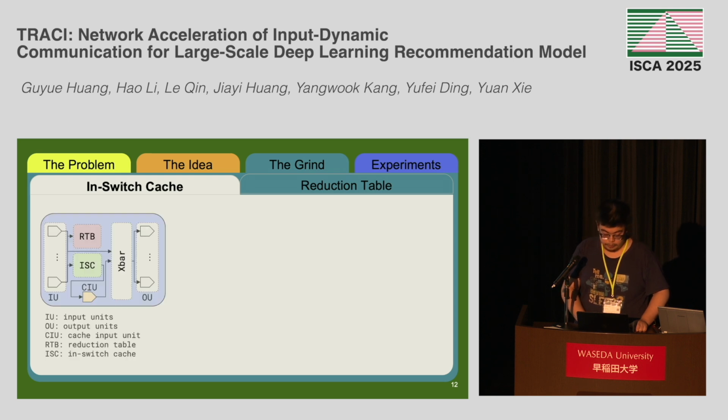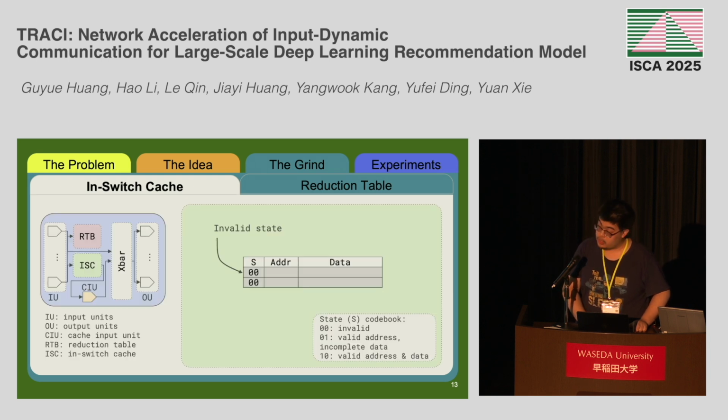So here is the detailed implementation. In the switch, we add a new reduction table and an in-switch cache, also a CIU, the cache input unit, in the switch. Initially, there's an invalid state in the table. When there's an incoming data packet flit with address X, we register the data in this format.